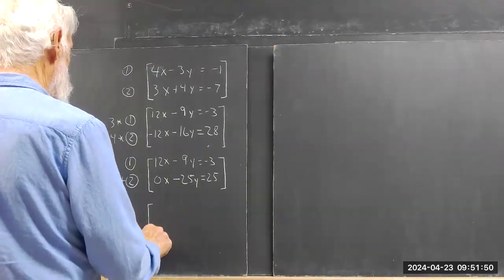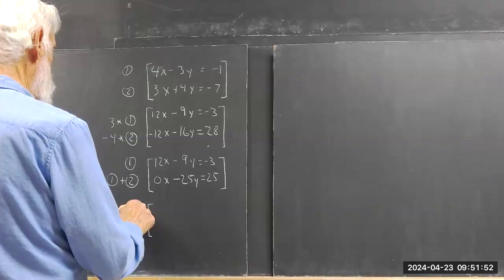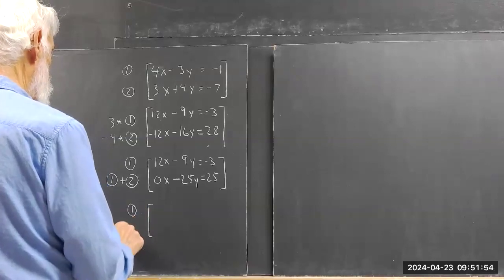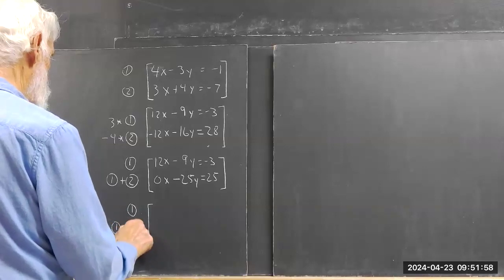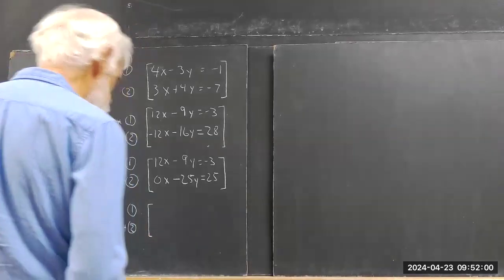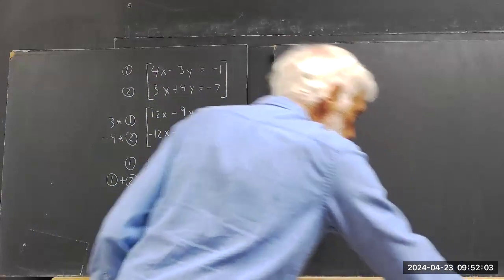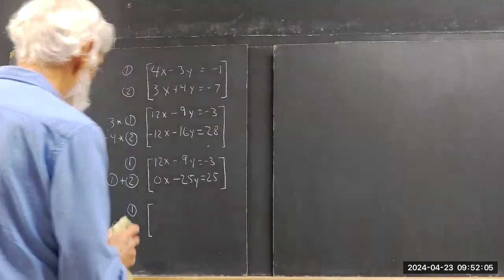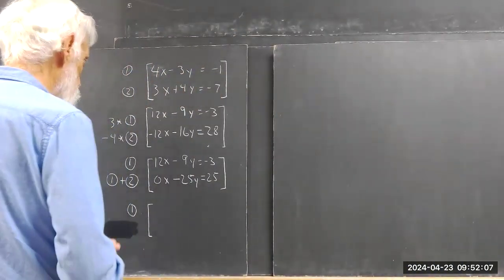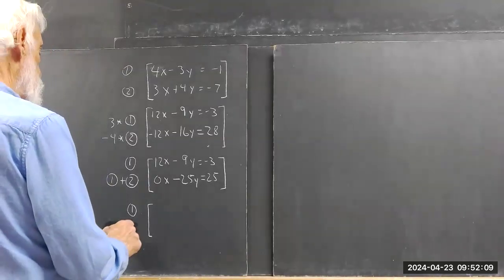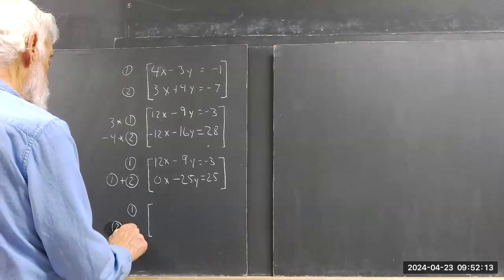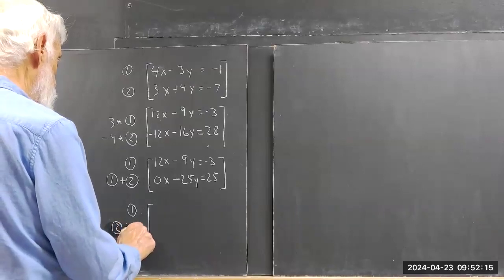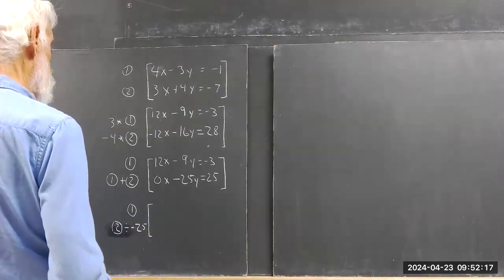Now what I'm going to do, I'm going to keep row 1 there. I'm going to do row 2 divided by -25.